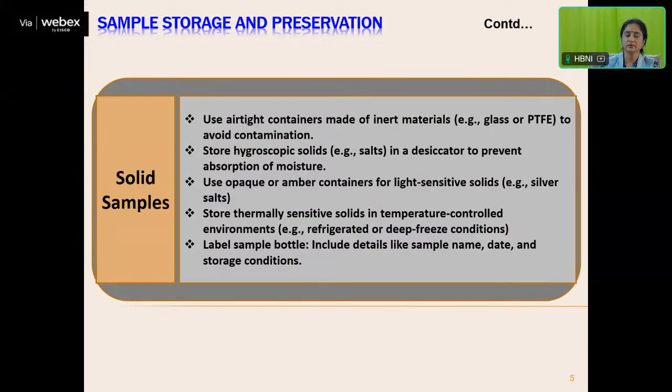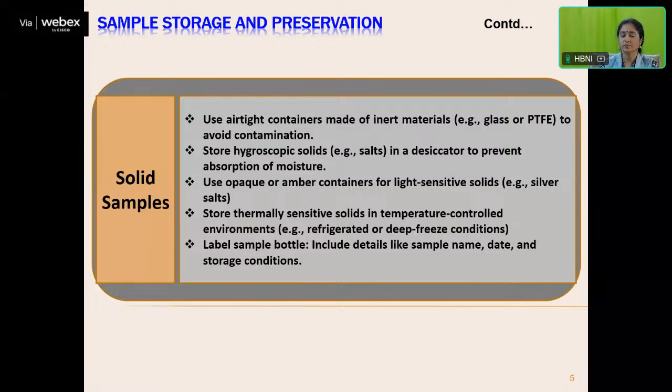So now you can imagine different types of sample may be there. It is solid sample, liquid sample, or gaseous sample. So let us see just broadly how these samples can be stored. For solid samples, you can use airtight containers made of inert material, for example, glass or polytetrafluoroethylene, to avoid contamination.